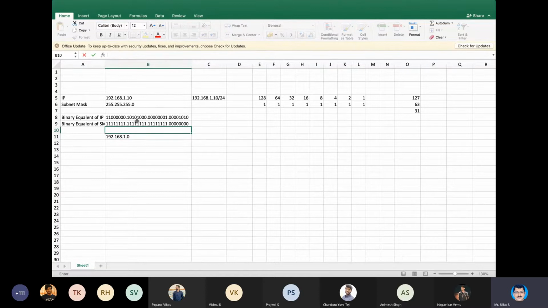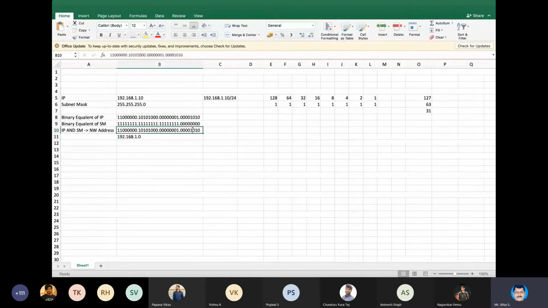When you perform AND operation, it's IP and it's AND gate, okay, and the subnet mask gives you what? Network address, okay. What is the network address? It's all will be zeros.